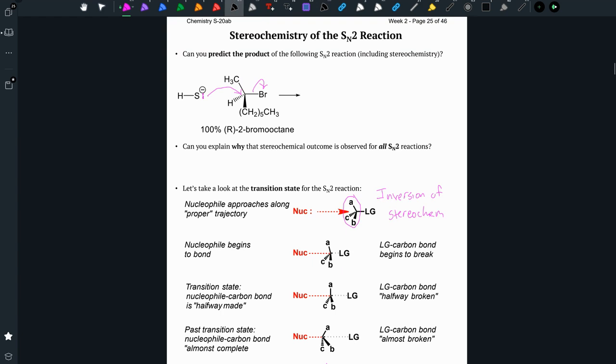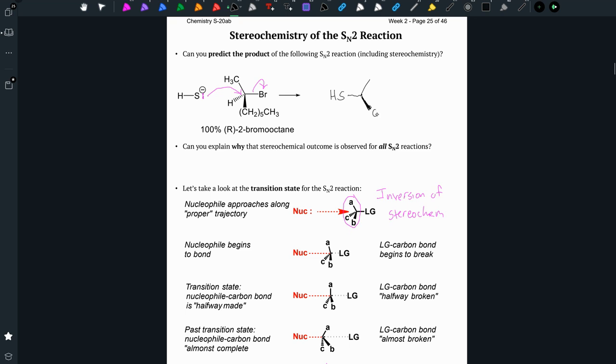So if I wanted to draw the product of my reaction up top, now I'm going to have my SH on the left. My 3 substituents have all slid over and are now pointing to the right. The one coming out of the board or out of the page is still coming out of the page. Right? So this is my long carbon group.